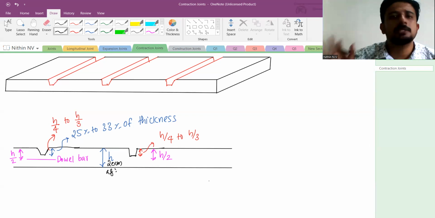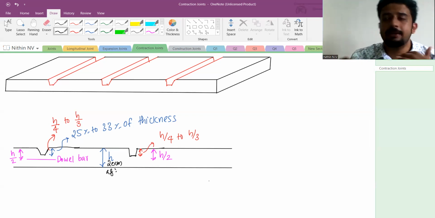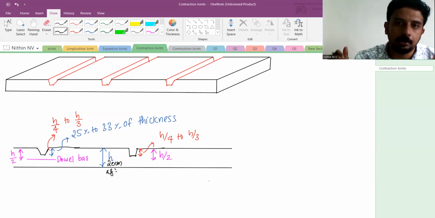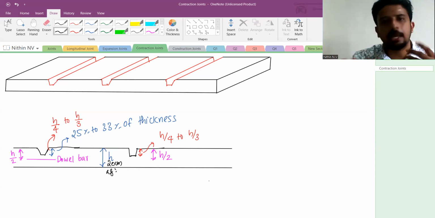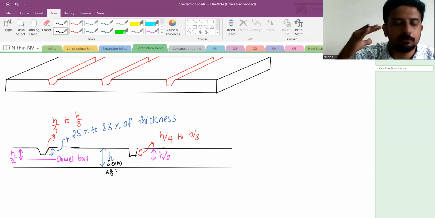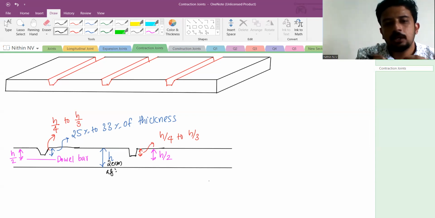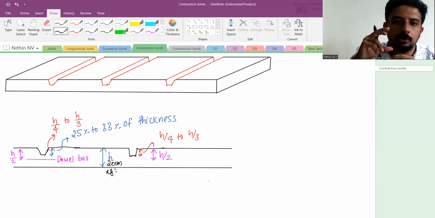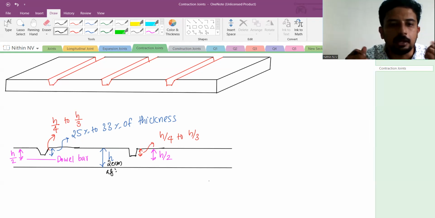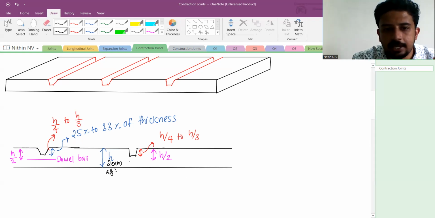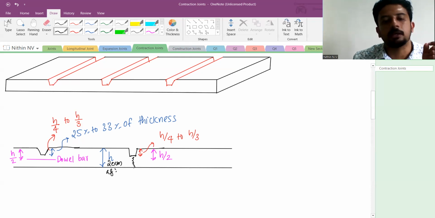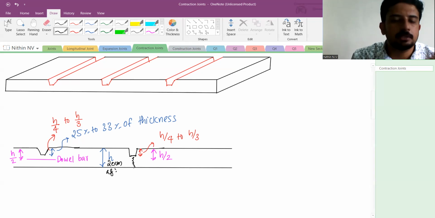We have designed already, in RCC and all, what should be the depth and width of the slab. So we have calculated some value and we provide that value. Similarly here also, 20 centimeter thickness we have already designed. Now you are cutting some portion out of the 20 centimeter, which means there is a high chance that cracks will develop below that cut portion because of insufficient depth or insufficient thickness of the slab.